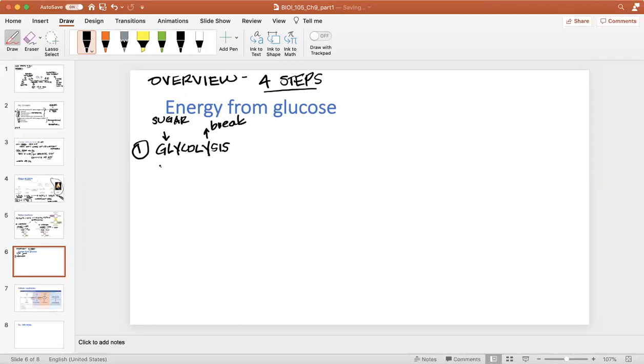So in glycolysis, what we're doing is we are taking a molecule of glucose, and I'm going to draw it with 6 little dots. Each of these dots I'm going to use to represent a carbon. So glucose has 6 carbons, 1, 2, 3, 4, 5, 6 dots. Okay, so in glycolysis, what we're doing is we're taking a glucose and we're breaking it into 2 3-carbon molecules, okay? These 3-carbon molecules have a name. Each one is called a pyruvate molecule.